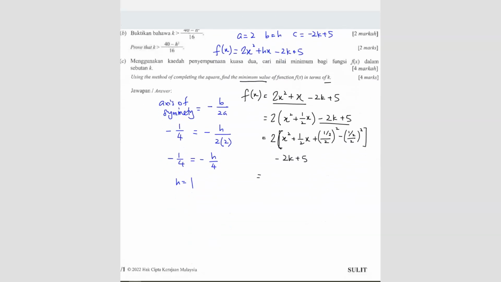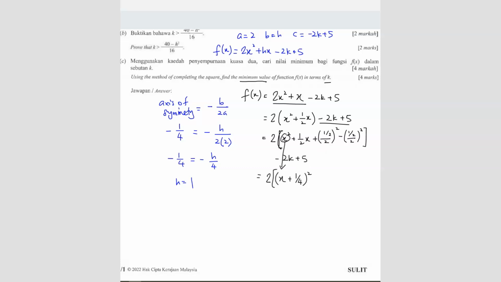Now we can factorize whatever is in here. So we've got (x + 1/4), then the square, just leave it up here. This x comes here, and whatever you get here comes here.